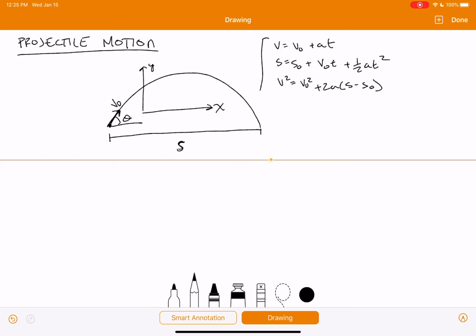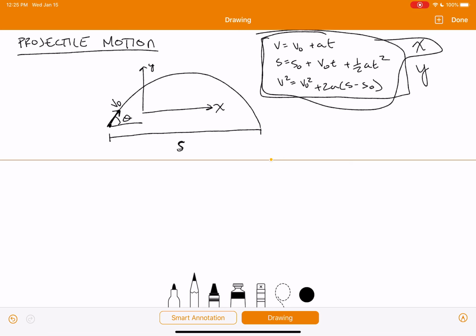You have to apply them in the x direction and y direction separately. So you're going to have 6 different equations: these 3 for the x, and these 3 in the y direction. You can't combine your x and y directions because it won't work. You have to keep them separate.